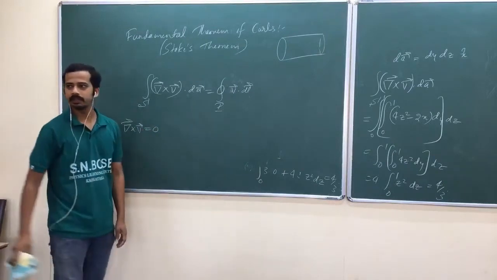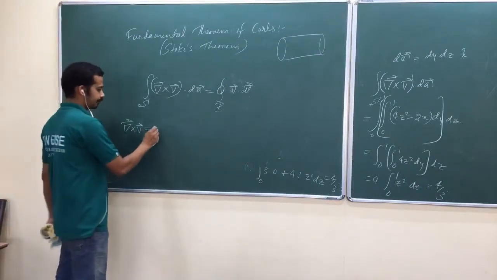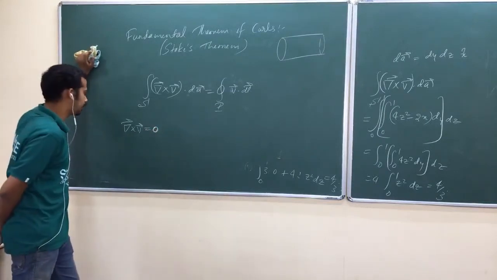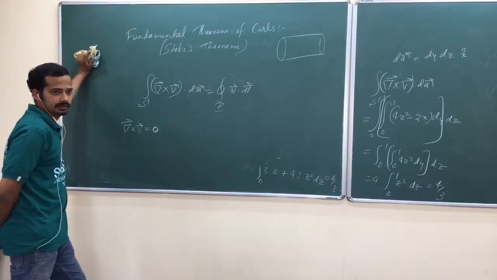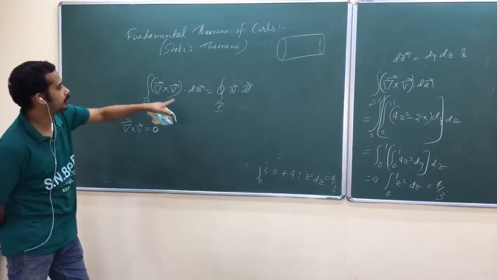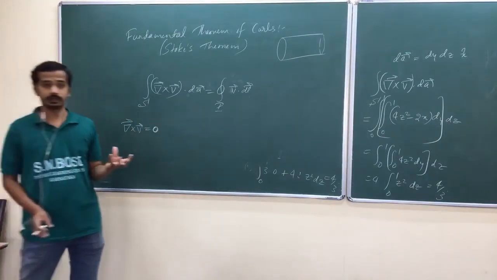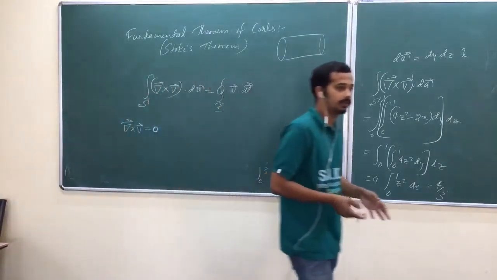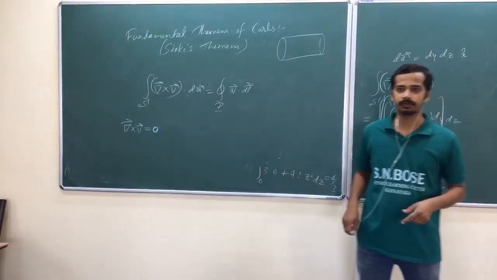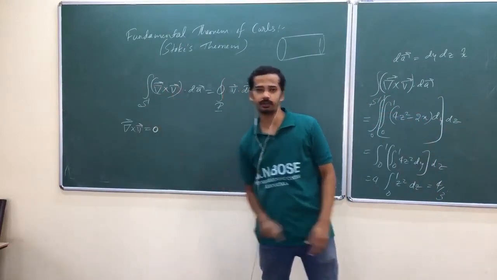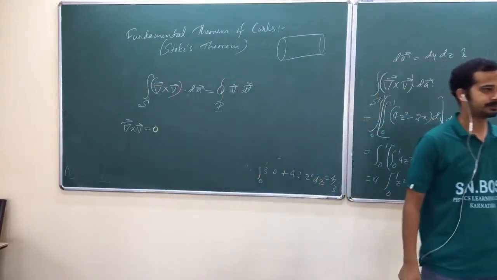What is the best example? Electrostatic field, null curl. Then look at here, its closed path integral will be 0 always. Any closed path you take, you can generate a surface whose boundary is that closed path. Am I right? Since curl is 0, that will be 0.